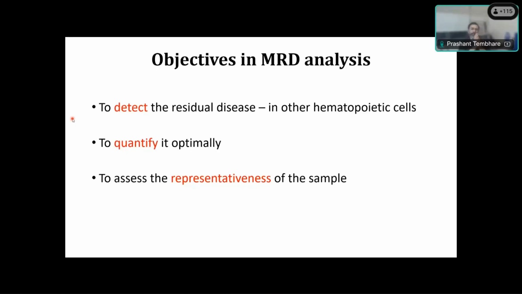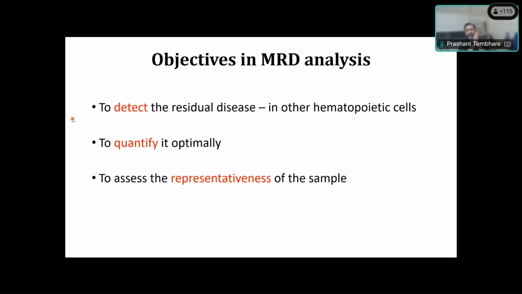And that's why we can differentiate based on MRD which patients are high risk and which patients are low risk. At the end of induction or initial treatment, if the MRD is negative, that means the given treatment worked very well in that patient because the disease completely disappeared, and there is very small probability that the patient will relapse. That is one thing.